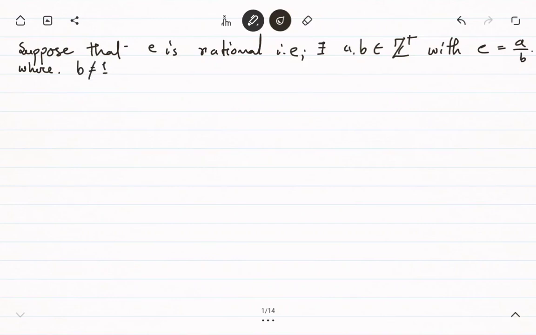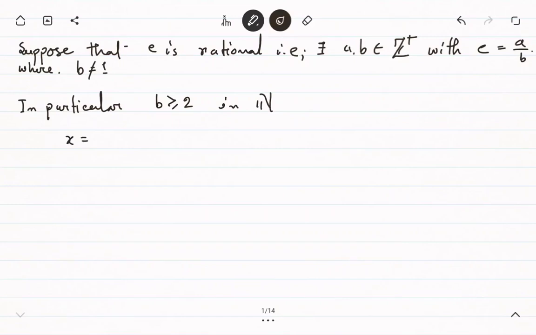Since we know that e is not an integer, in particular b is greater than or equal to 2 in the set of natural numbers.